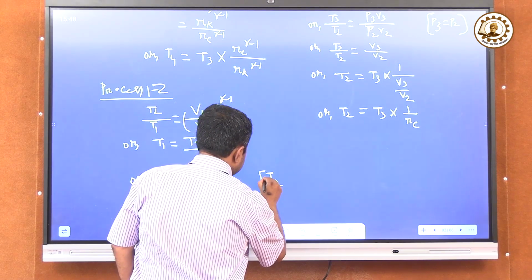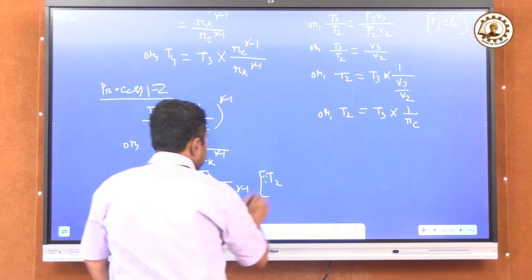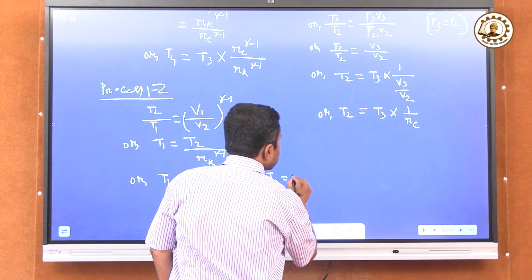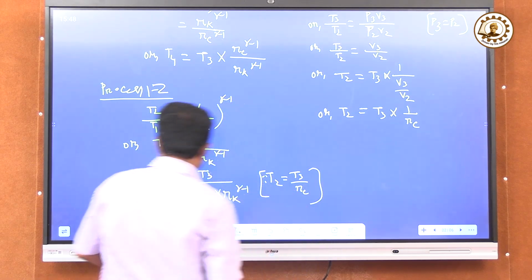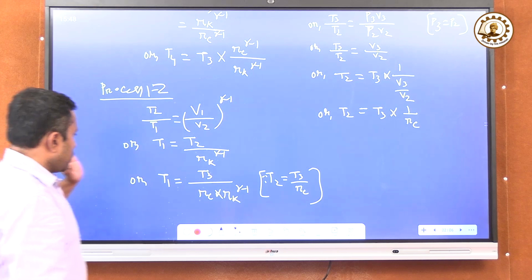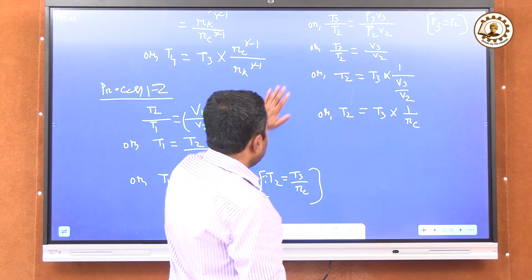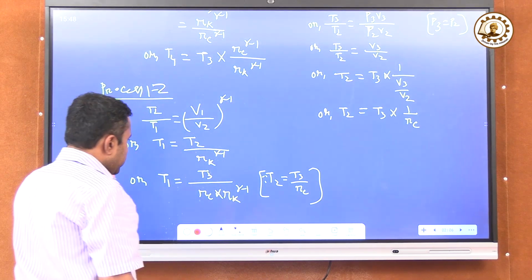As T2 is equal to T3 by Rc, T1 is equal to T3 by Rc into Rk to the power gamma minus 1. Now we have got all of T1, T2, T3, T4.